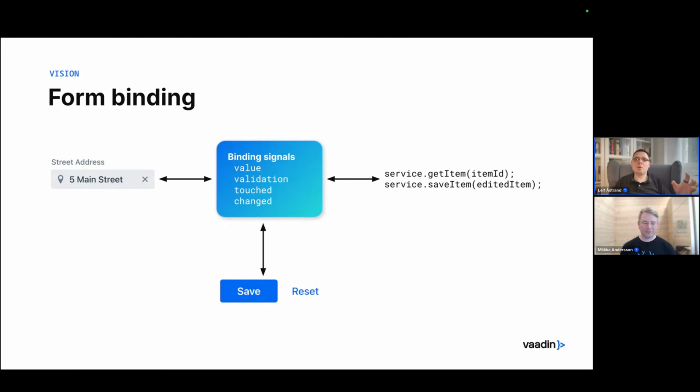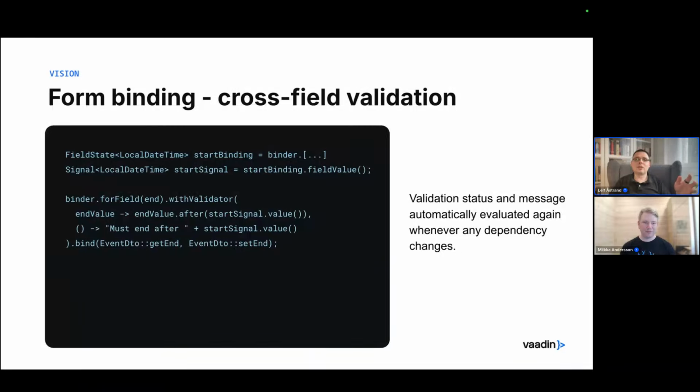But I think the most powerful thing, in the context of form binding, is cross-field validation. So in this simple example, we got some kind of event form for creating a new event. And we got the binding for the start field of that event, not showing how that is done.